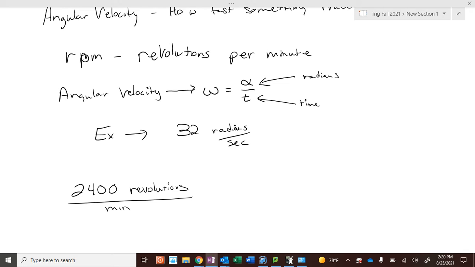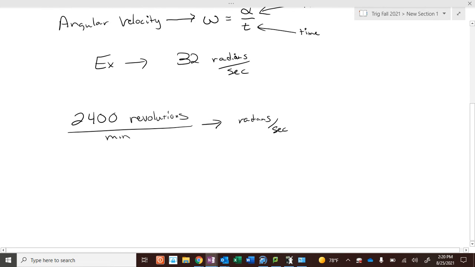How many radians per second is that? So we want to transfer this into radians per second. Okay, to do this, we're going to use unit conversion ratios.